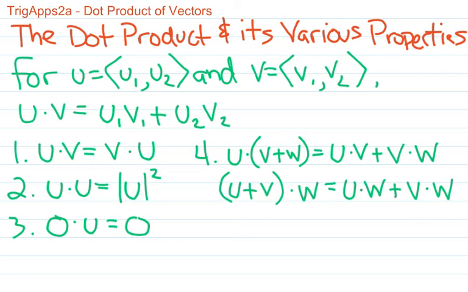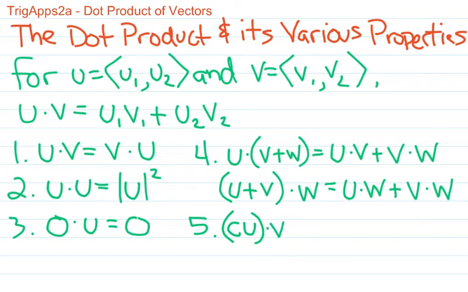So that's two for the fourth property, and here's the fifth property. We have a scalar that's called c, and it's being multiplied.